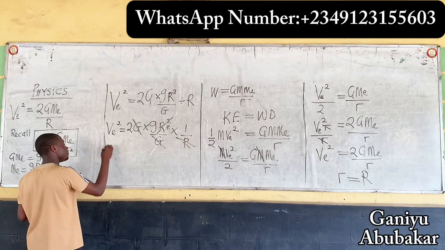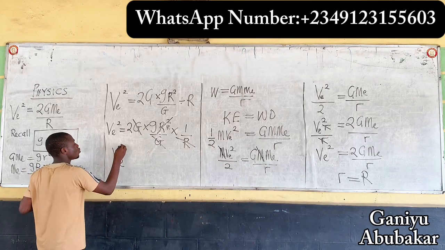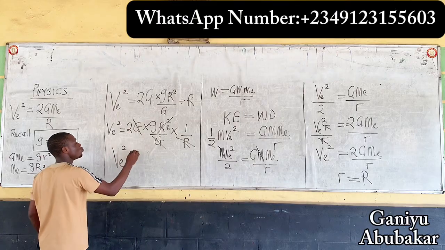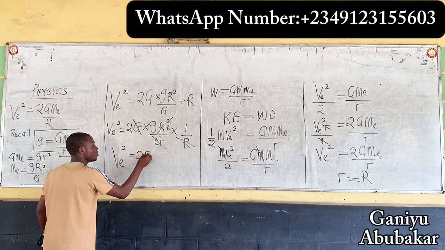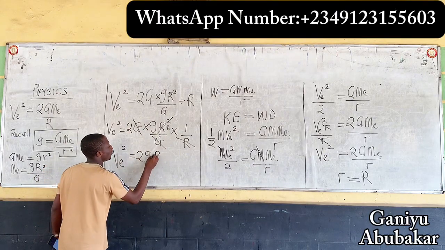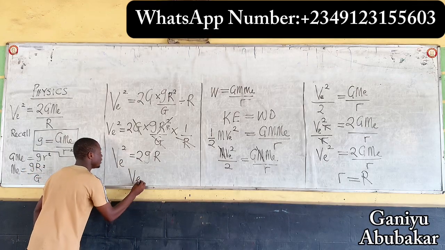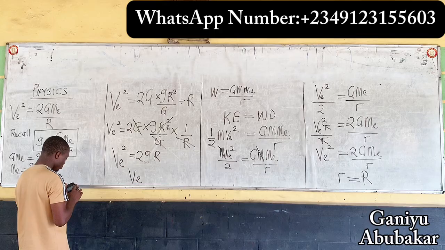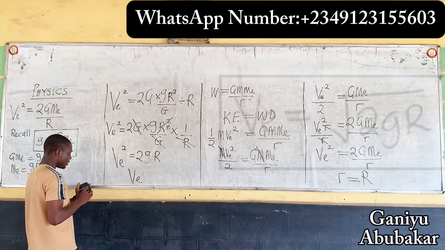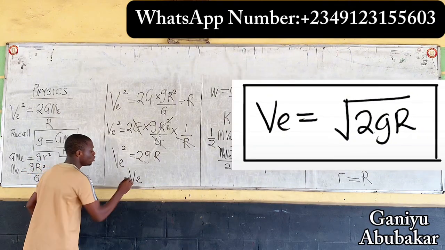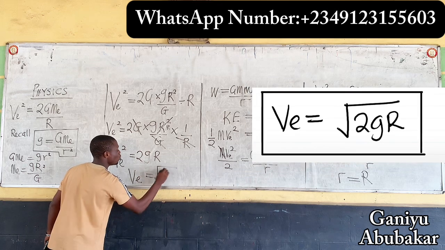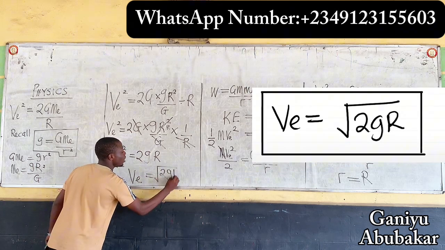So I'm saying that Ve squared is equal to 2gR. To get the value of Ve now, which signifies escape velocity, should be equal to square root of 2gR.